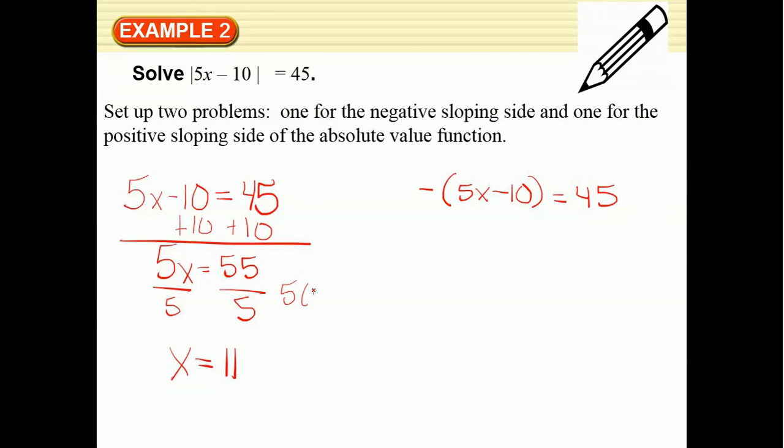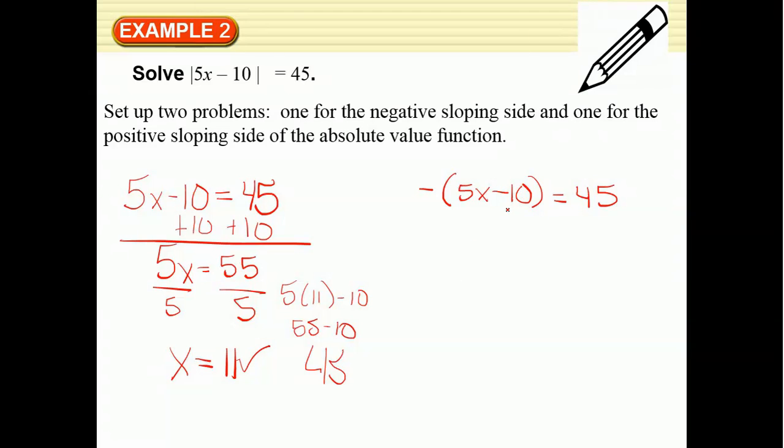I'll get 5 times 11 minus 10, so that's 55 minus 10, which is 45. And the absolute value of 45 equals 45. So this one works perfectly.